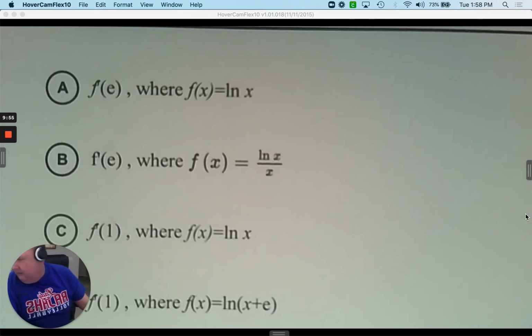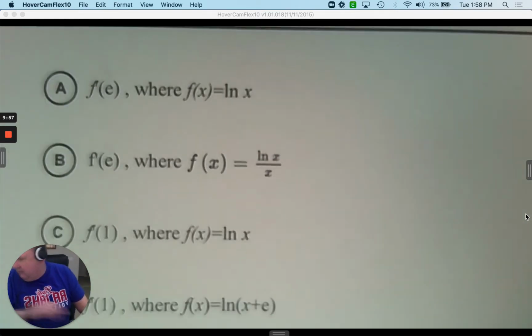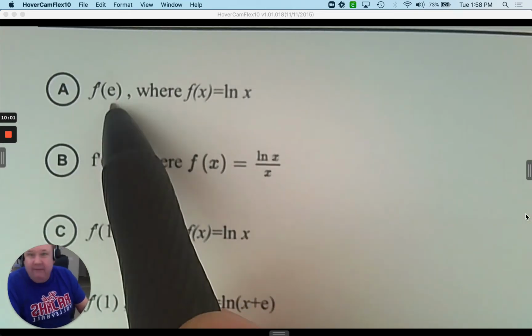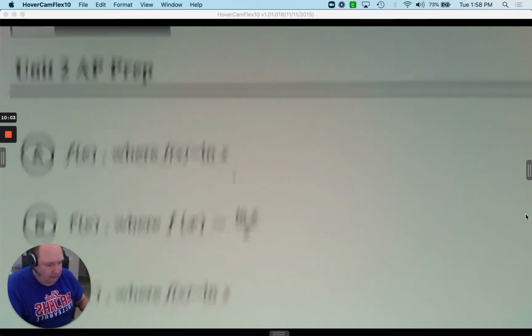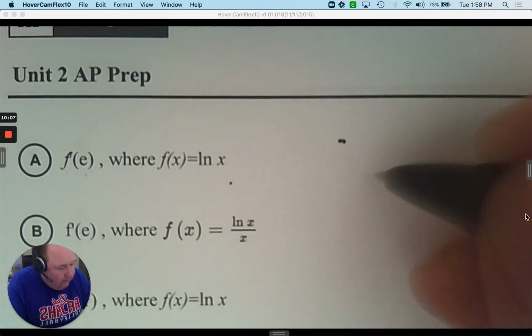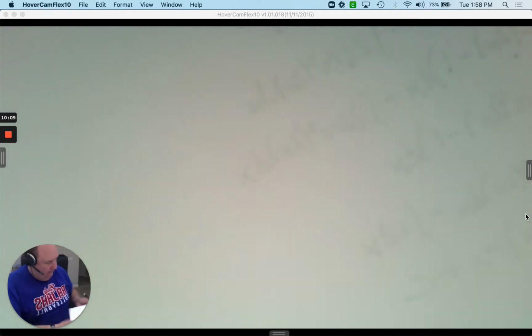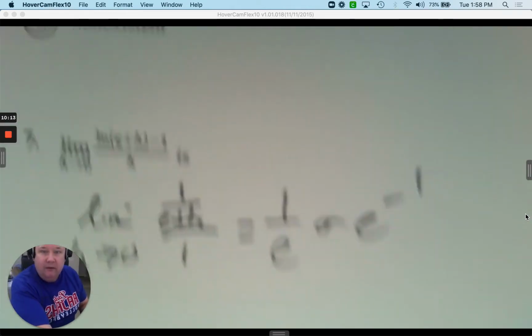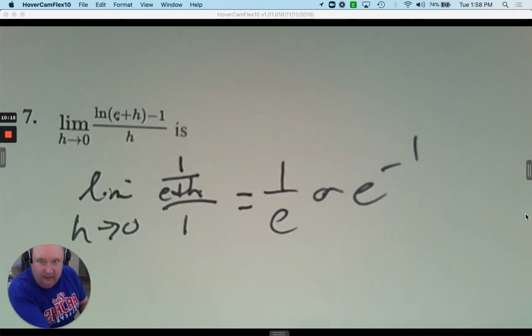Let's see. So in there it says it is A where f at e equals that. So let me just go back here. So the limit of here is 1 over e for that.